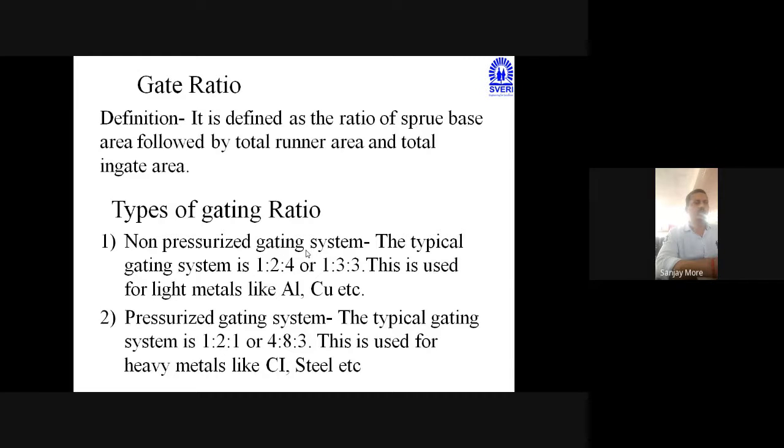Then the second type of gating ratio, pressurized gating system.